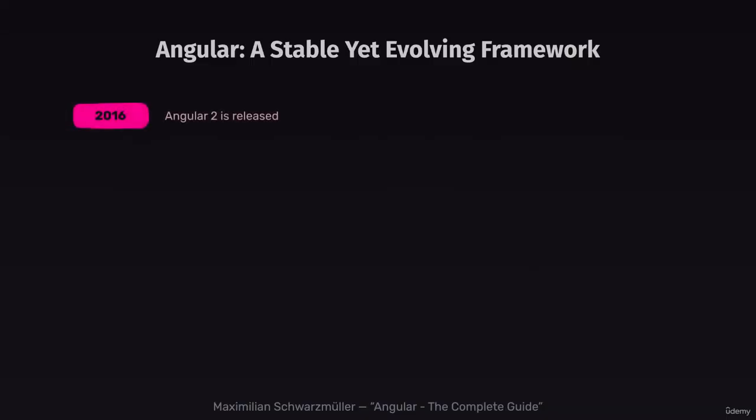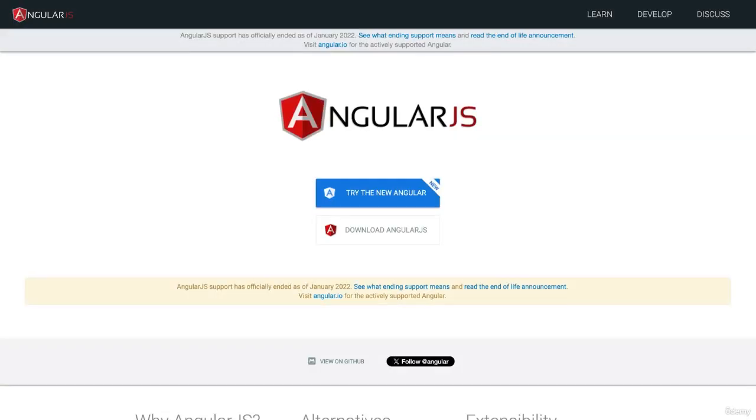But it's worth noting that Angular 2, the first version of Angular, was released back in 2016, and it was Angular 2 and not Angular 1 because Angular 1 is technically a totally different framework, which is now called AngularJS, which was created by the same team, or at least some team members were the same, but Angular 2 was a total rewrite, a totally different framework.